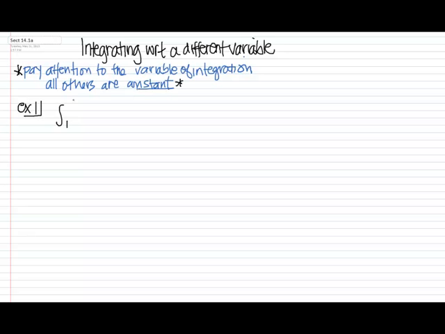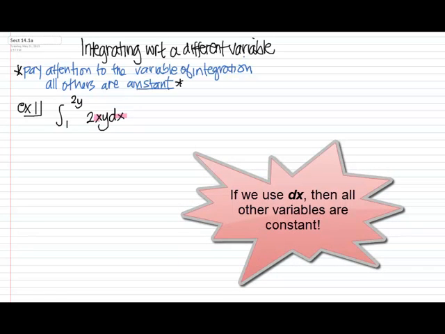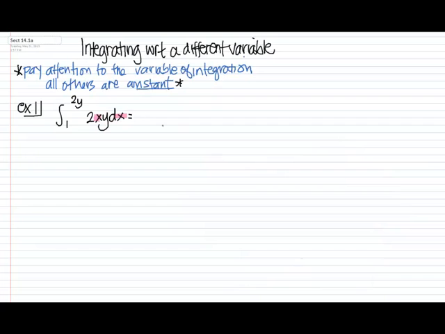The integral from 1 to 2y of 2xy dx. Notice that the variable of integration is dx, so we really only need to focus on the x. The y is going to be constant. So the integral of 2x dx will be x squared. Keep the y in there, and then it's going to be from 1 to 2y.